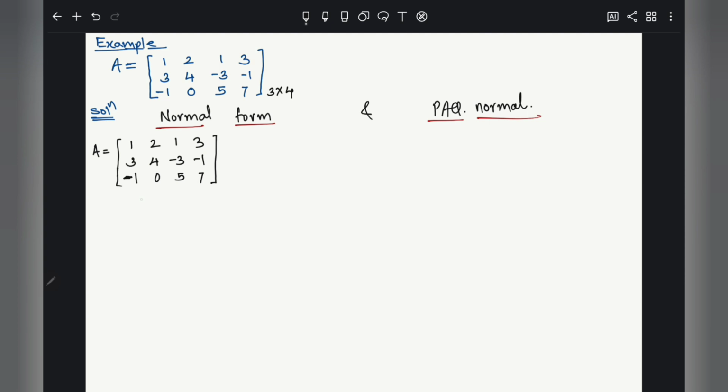In normal form, as I said, step 1 will be to have a11 as 1. Here a11 is already 1. Next, using this a11 we have to make all the entries in the same column and same row 0.